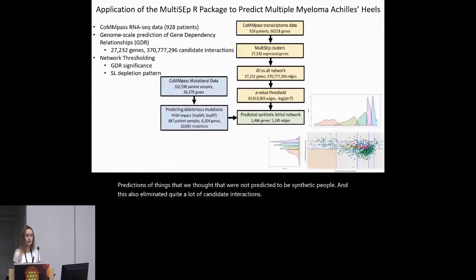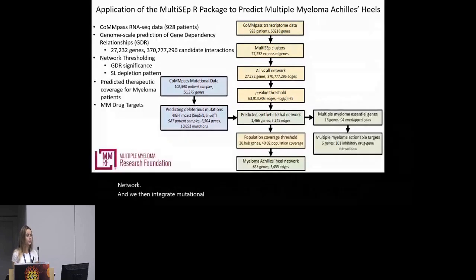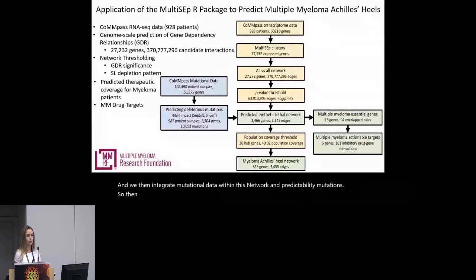And then the second step is to perform the binomial test, and this then predicted a synthetic lethal network. And we then integrated mutational data within this network and predicted deleterious mutations to then try and identify what drug targets could be found from this network.